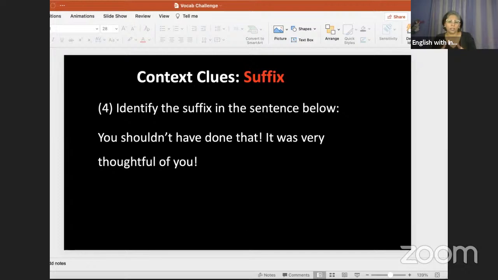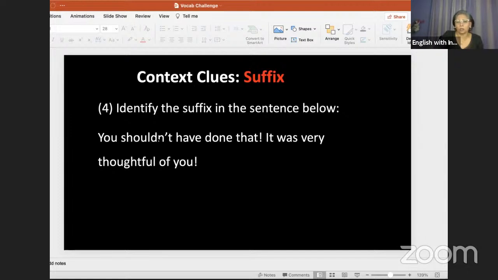You shouldn't have done that. It was very thoughtful of you. In this sentence, which word uses the suffix? If you look at this word, there is no suffix in shouldn't.